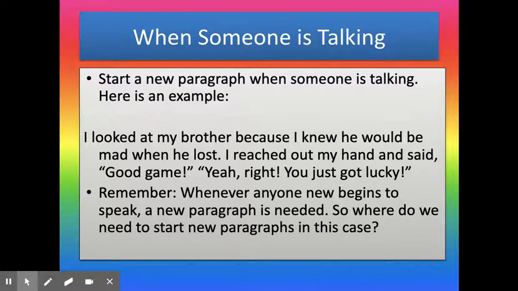So that means that she goes to the next line and I start a new paragraph already. So this first paragraph here is not long, is it? We usually think about paragraphs as being 5 lines long, maybe 3 lines long. But when people are talking, it doesn't matter how long their paragraph is.